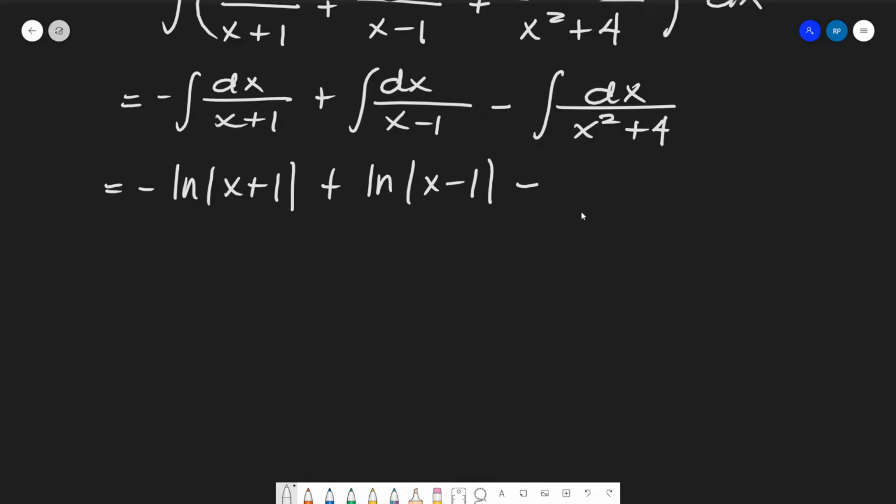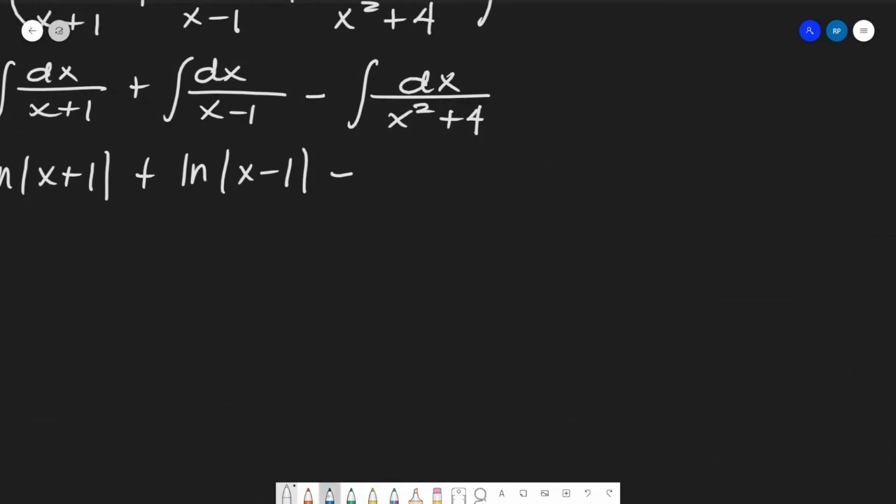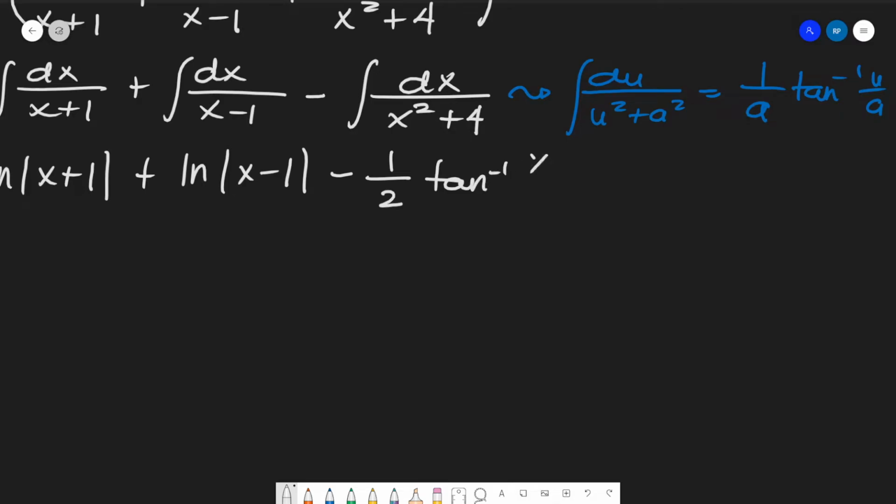In the form of du over u squared plus a squared, which is equivalent to 1 over a arctangent ng u over a. So pwede na natin ilagay yon. 1 over 2, since a squared is equal to 4, arctangent x over 2 plus c.